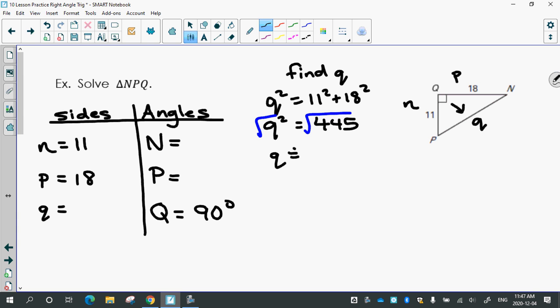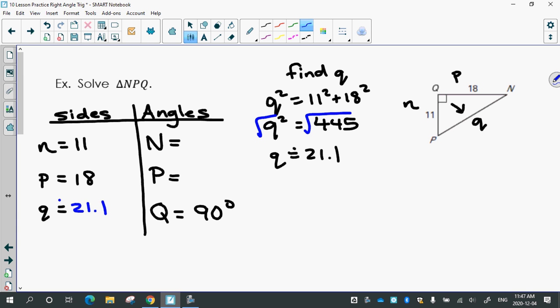So you get q is approximately 21.1. So a dot. When you go and fill it in your chart, put a dot above your equal sign and then 21.1. So size always to one decimal. Okay?